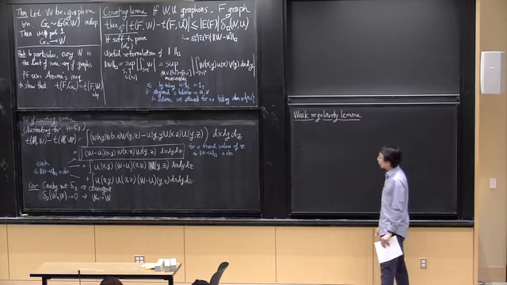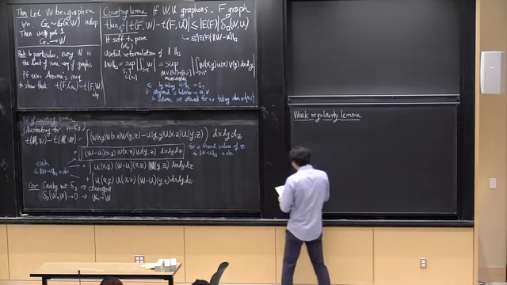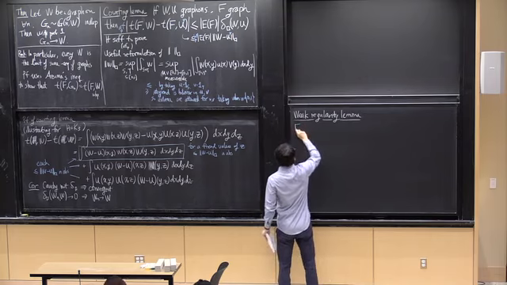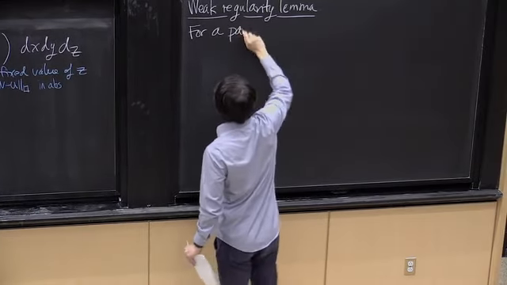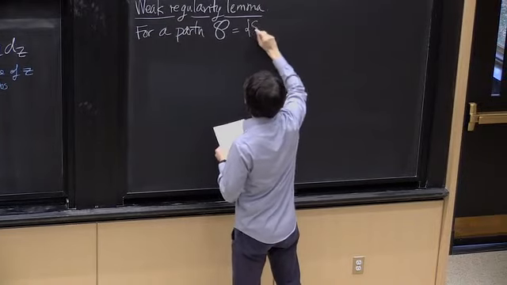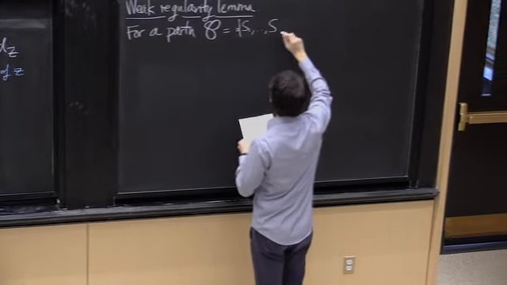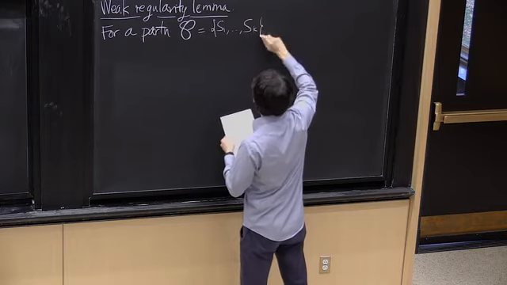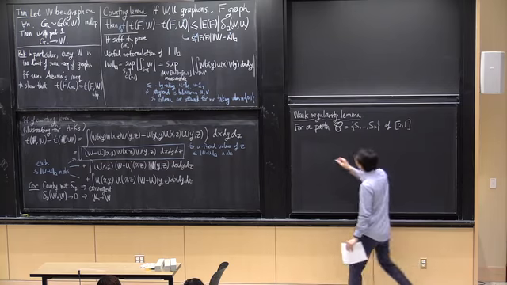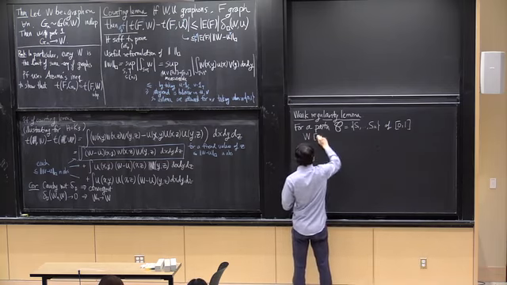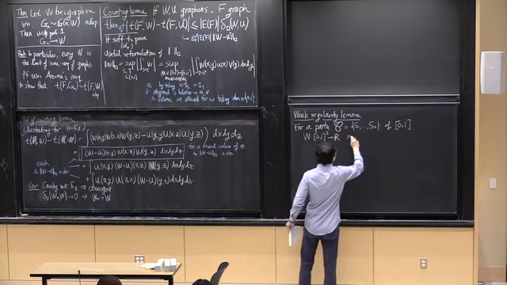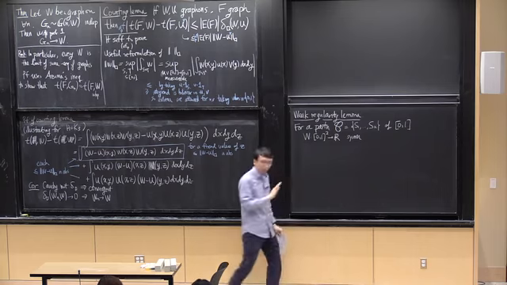What the weak regularity lemma says is, you still have a partition of the vertices. So let me now state it for graph functions. So for a partition P of the vertex set and a symmetric measurable function W. I'm just going to omit the word measurable from now on.